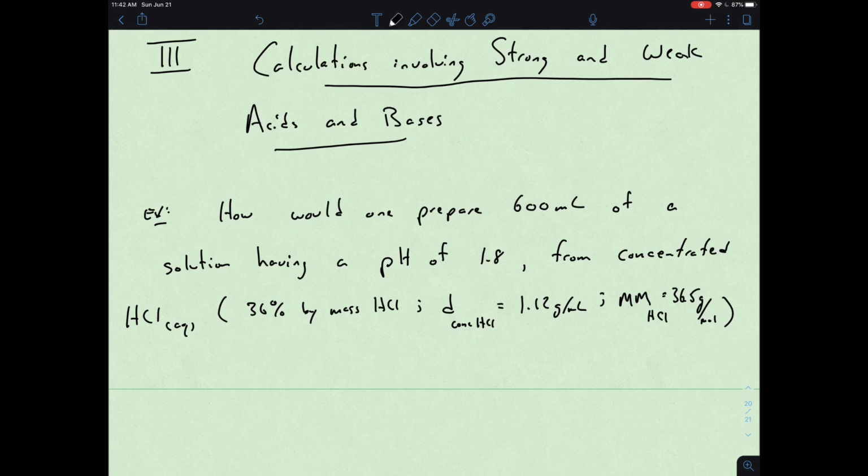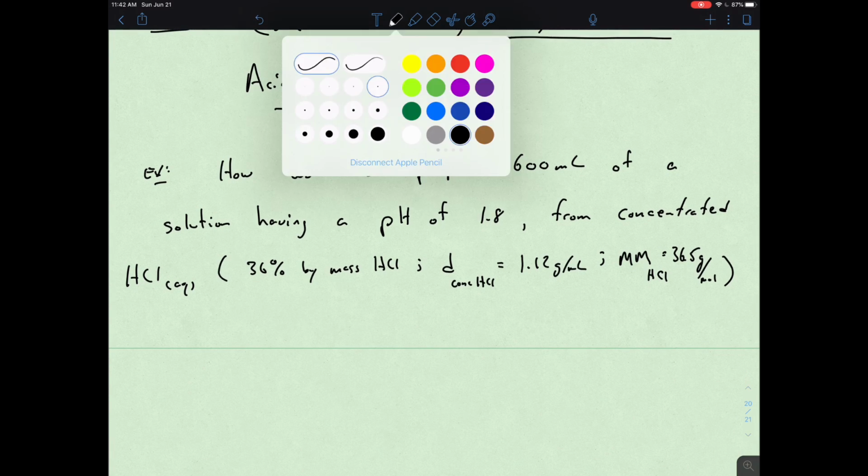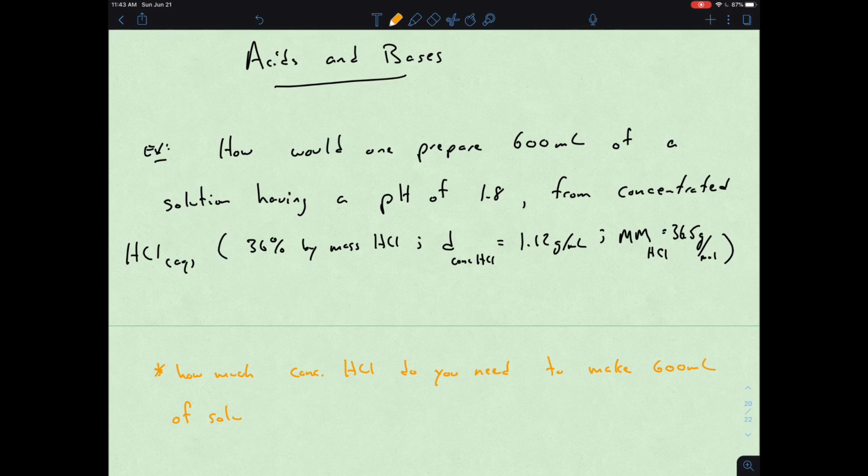And basically what we're trying to figure out is how much of the concentrated HCl do we need to create this solution that has a pH of 1.8. So that's really what the question is getting at.